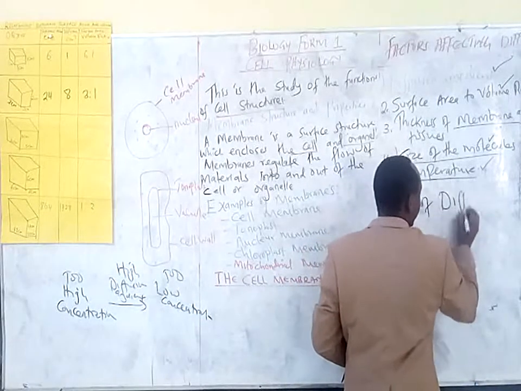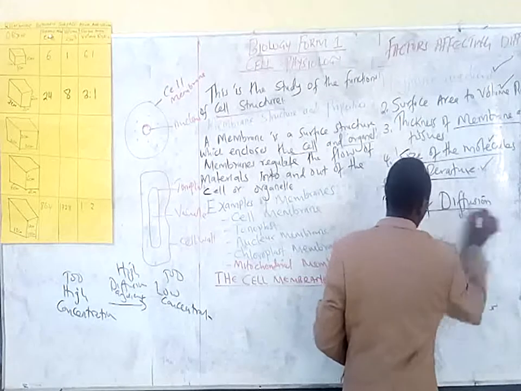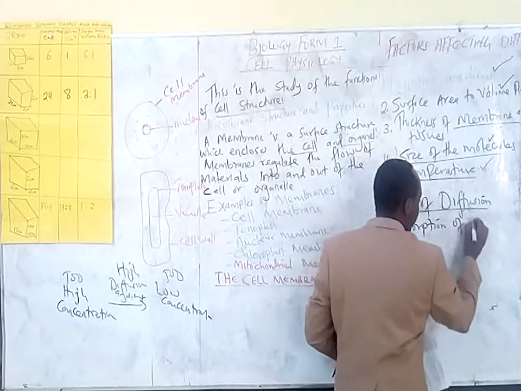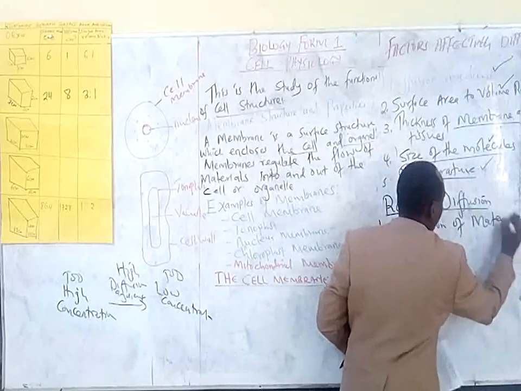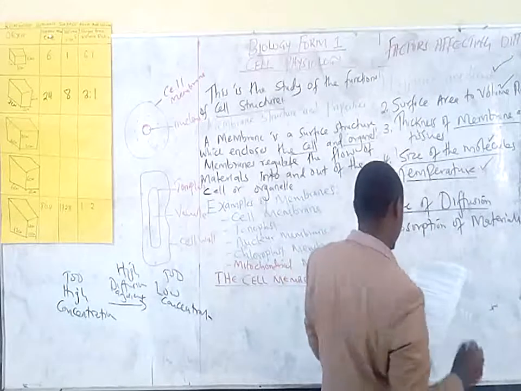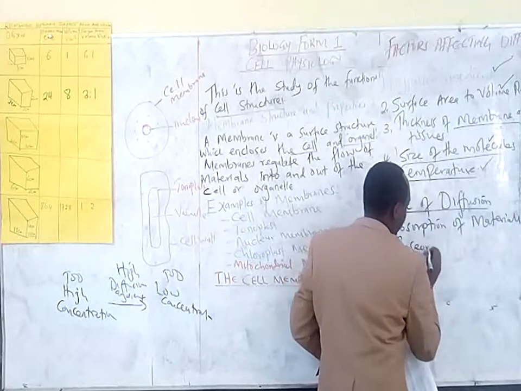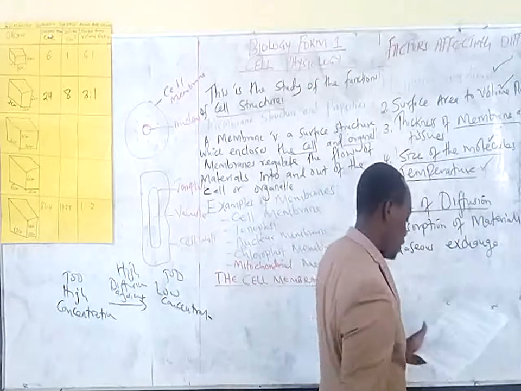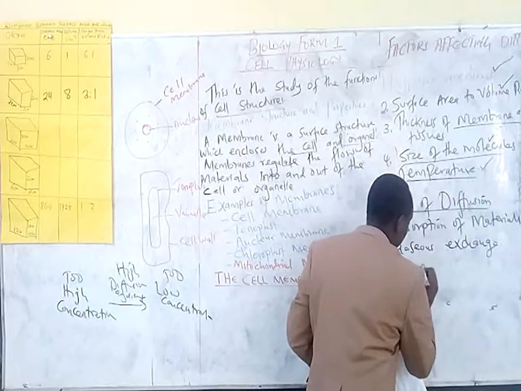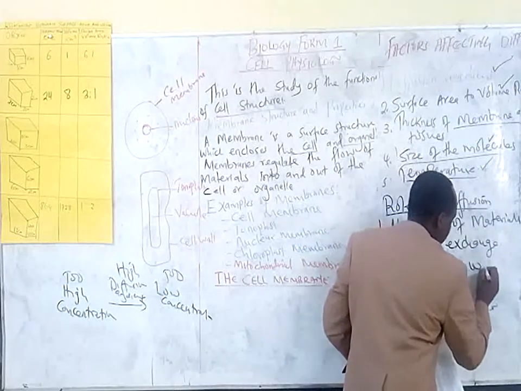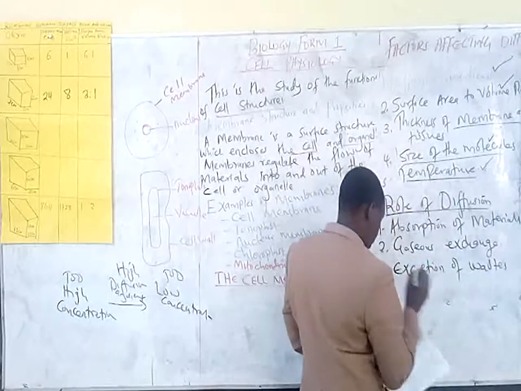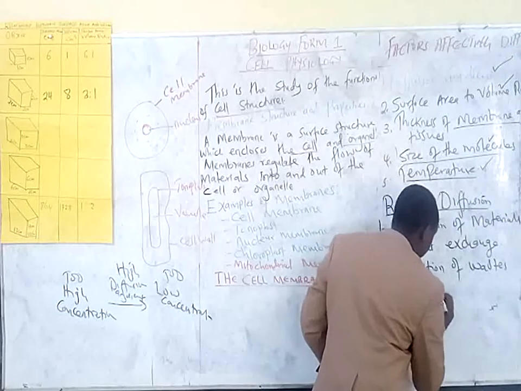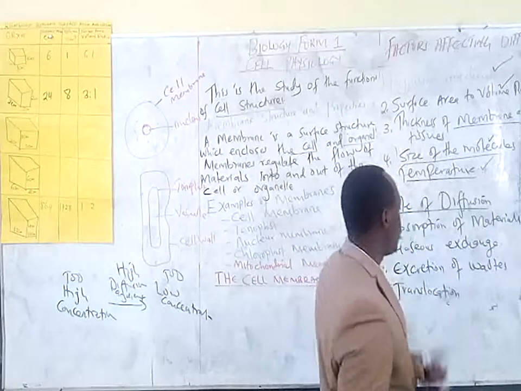Number two, gaseous exchange. Number three, excretion of waste. Number four, translocation. So those are the main roles of diffusion.